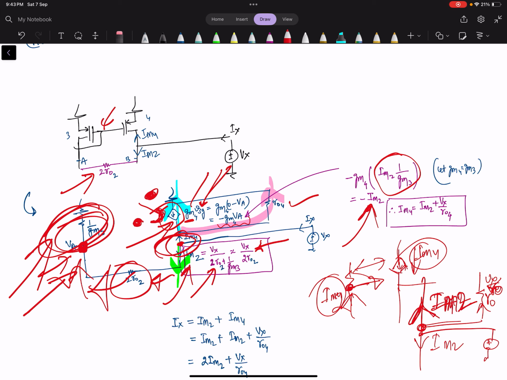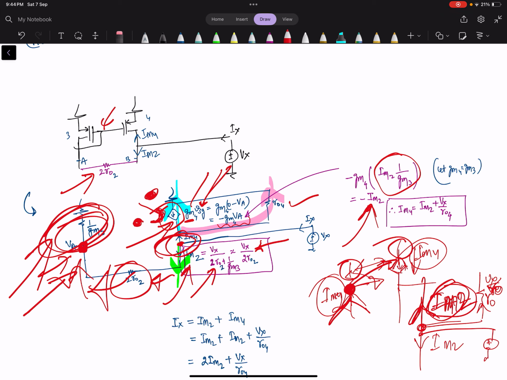Just visit this circuit again and see how this is Im2, because simple, the current will be converted to some voltage, and the same voltage is converted to current through the same GM. So that is why Im4, basically the dependent current source, is equal to Im2.